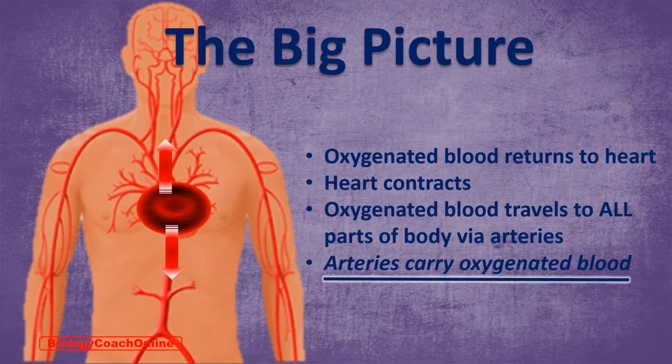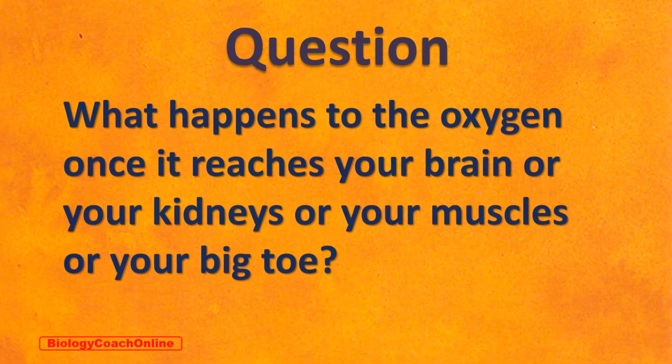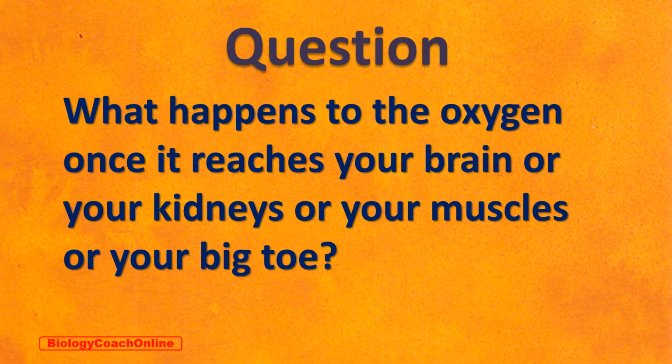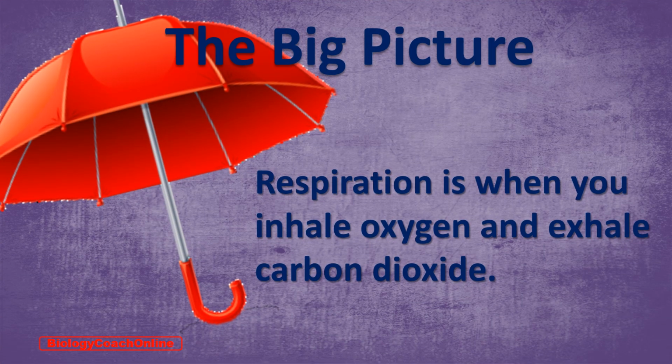So here's a question for you. What happens to all of that oxygen once it reaches your tissues? That is, your brain, or your kidneys, or your muscles, or your big toe even. Now remember how we started this discussion. Respiration is a process of inhaling oxygen and exhaling carbon dioxide. Well, your cells do the same thing.